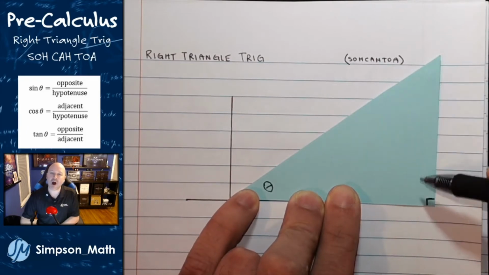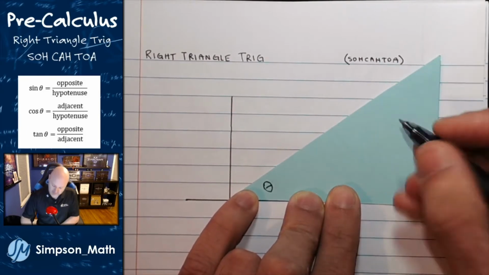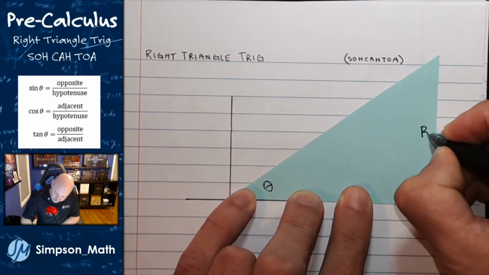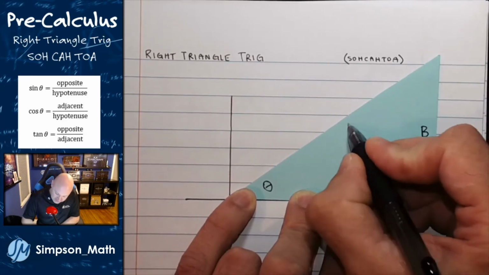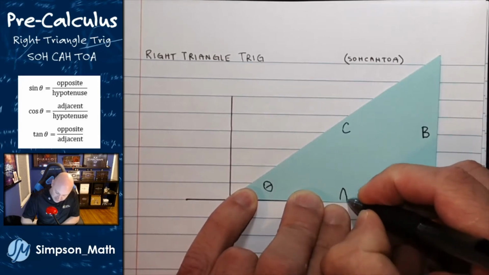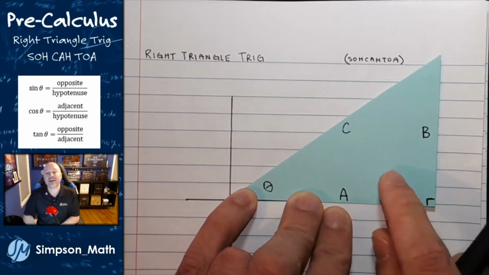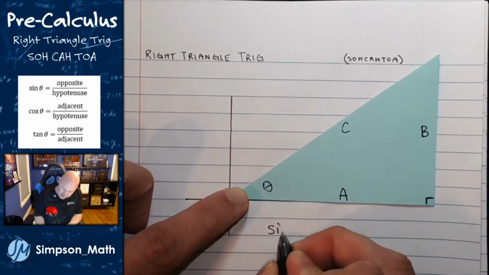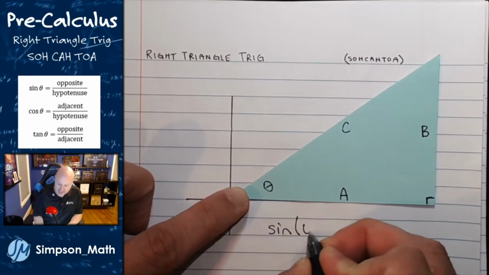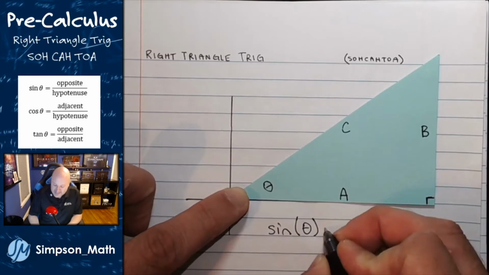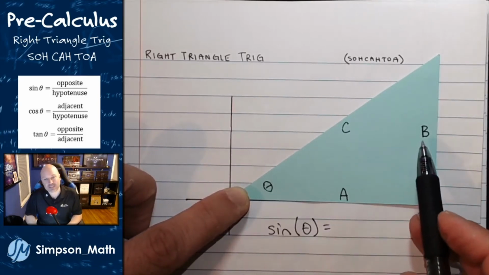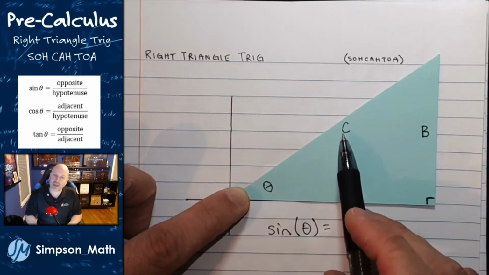Maybe you want to call this opposite over hypotenuse. I'm going to call this B, I'm going to call this C, and I'm going to call this side length A. Sine of theta, sine of angle theta, can be thought of as the opposite side length over the hypotenuse.